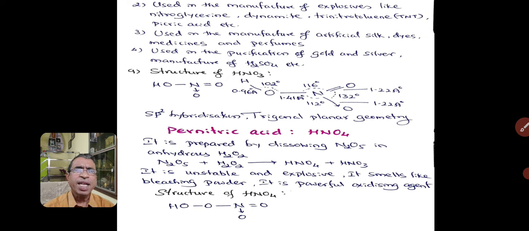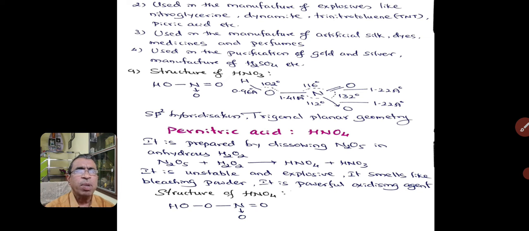Coming to the next acid, called pernitric acid, formula HNO4. It is prepared by dissolving nitrogen pentoxide in anhydrous hydrogen peroxide. The N2O5 reacts with hydrogen peroxide to form HNO4 and HNO3.